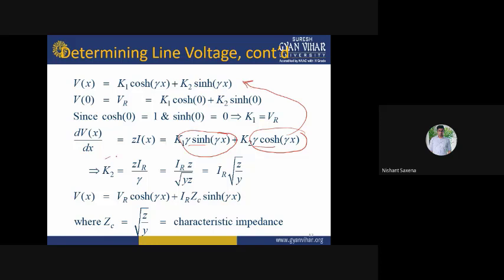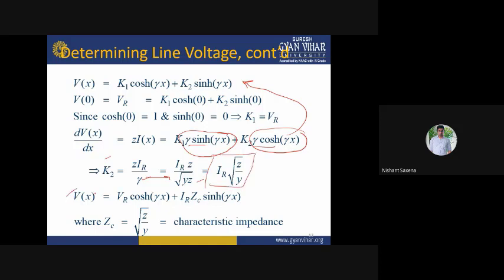Therefore, K2 comes to Z IR upon gamma, which is equal to IR into Z upon gamma. We have substituted gamma as the square root of YZ, so it is IR into the square root of Z upon Y. This is equal to K2.